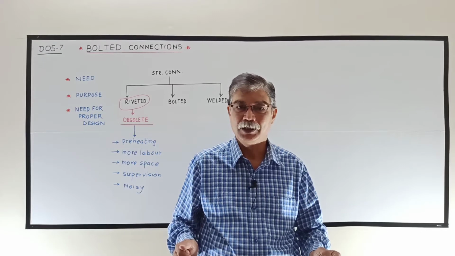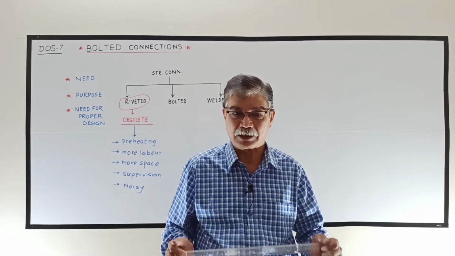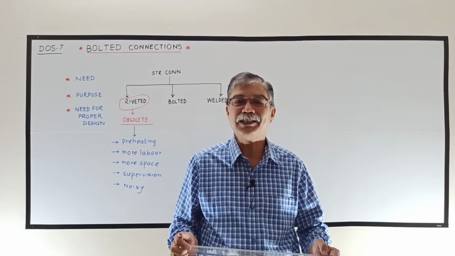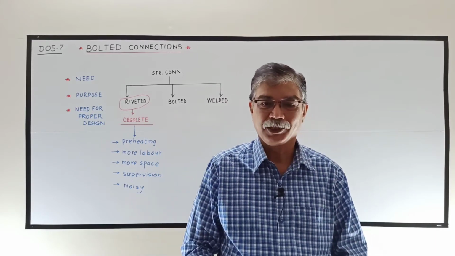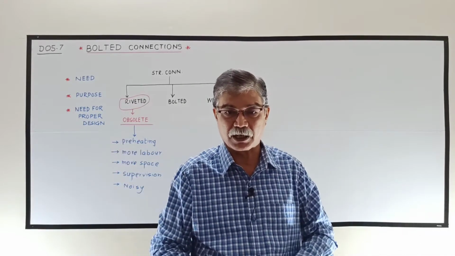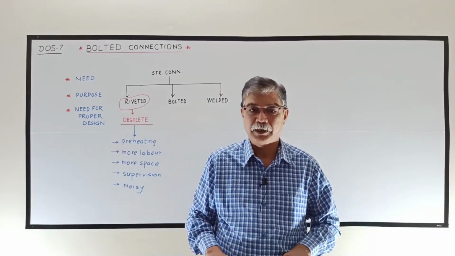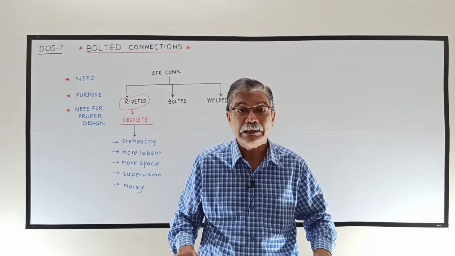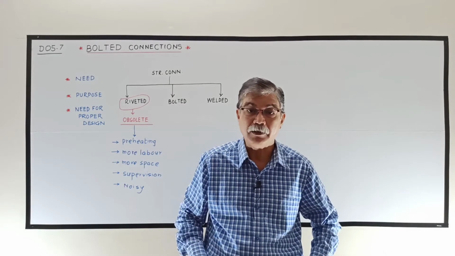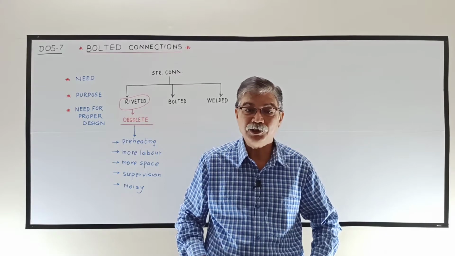Now, whenever we consider a structure, connection is the weaker link in between the different members which are connected, and the failure of the connection is not ductile. What happens due to this?